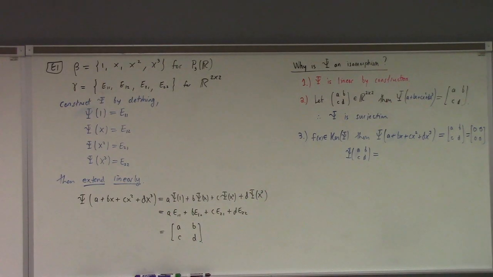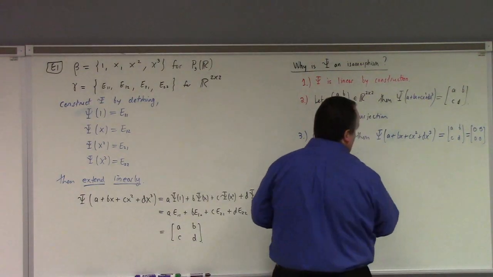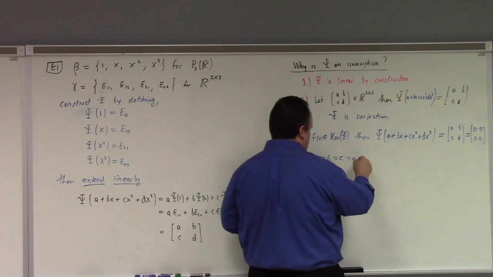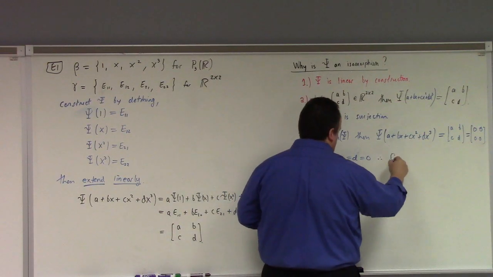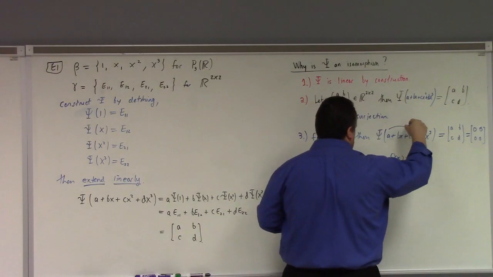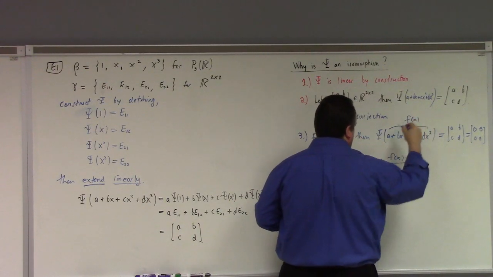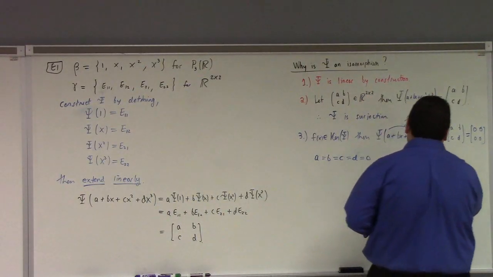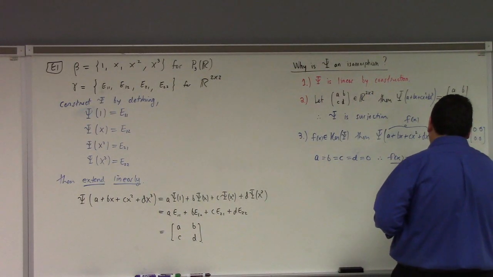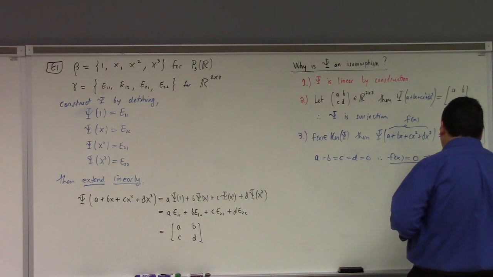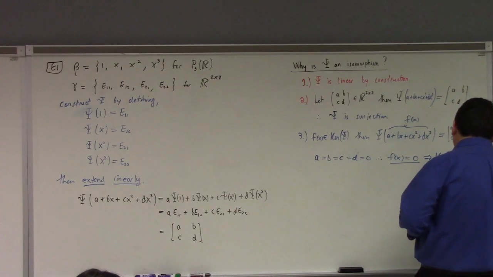What's that mean? That obviously means a equals b equals c equals d equals 0. Therefore, f of x equals 0 as well. Which then tells me the kernel of psi is 0. Therefore, psi is injective.